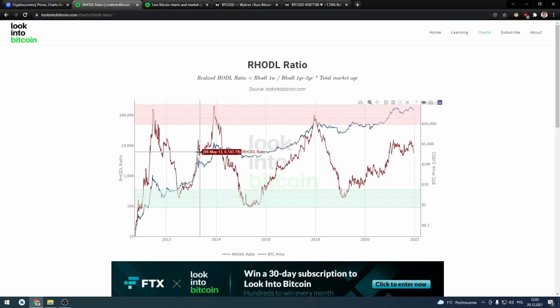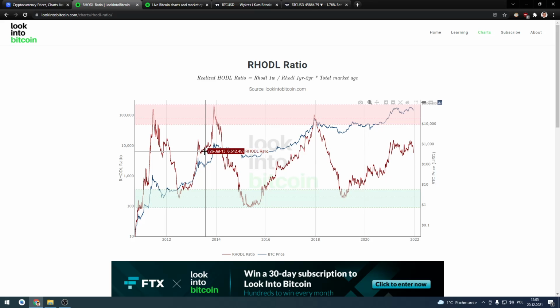And as you can see, using this HODL ratio, we were able to see that this was not the top. This was something like midway to the top.